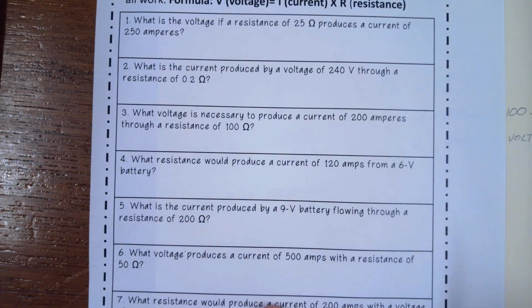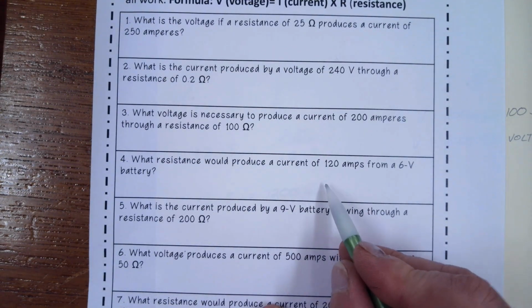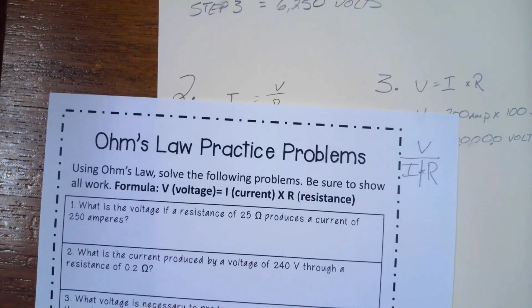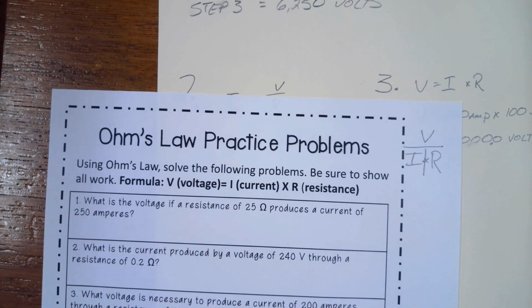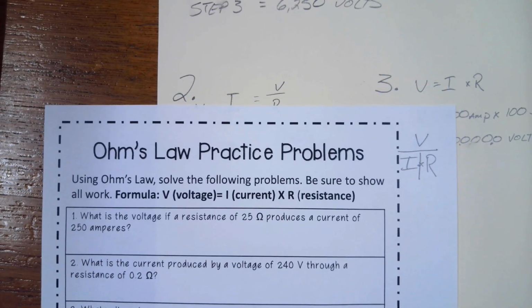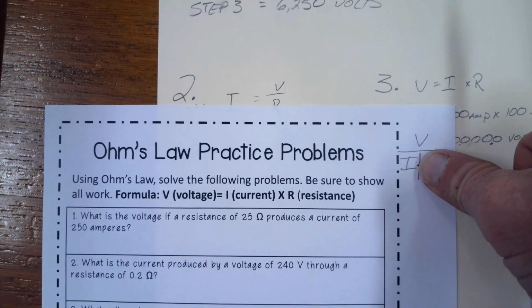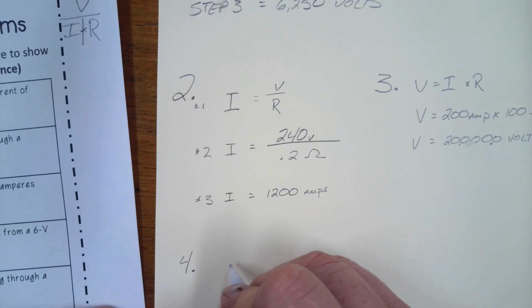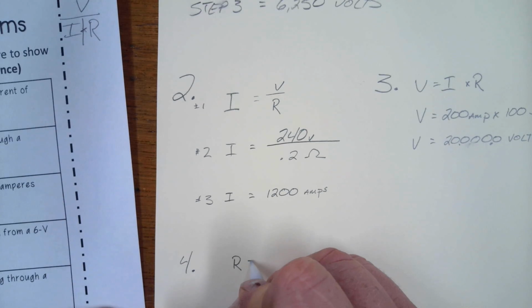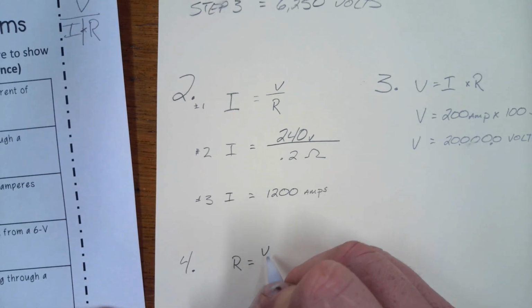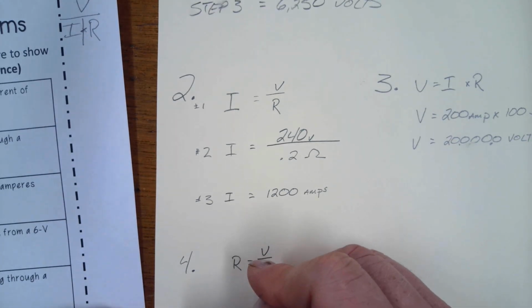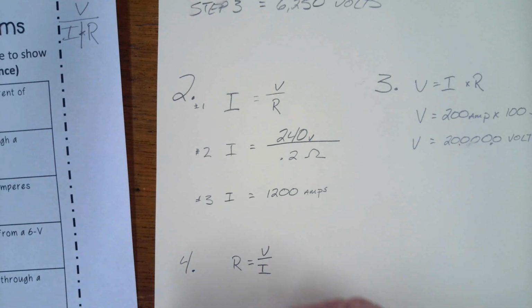That's a lot of load for a 6-volt battery. But anyway, how is my formula going to look? What do I cover up? The V, the I, or the R? So R gets covered up, so that means volts divided by amps. So my formula is going to be R equals volts divided by amps.